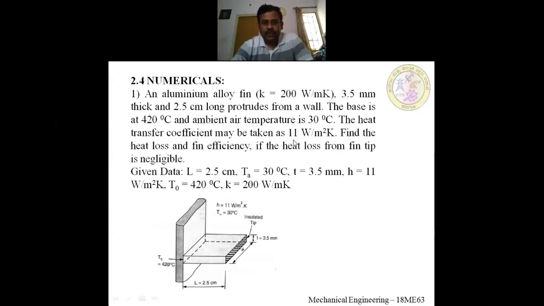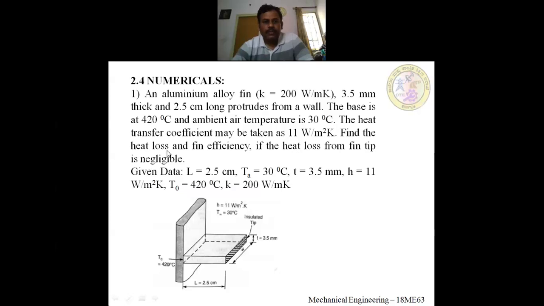Heat transfer coefficient 11 watt per meter square Kelvin. Okay, h they have given, where I have written h here. And the base temperature is 420 degrees Celsius, T naught. That is this temperature. This is the base. Ambient temperature is 30 degrees Celsius. And you know that this is a case of insulated fin.